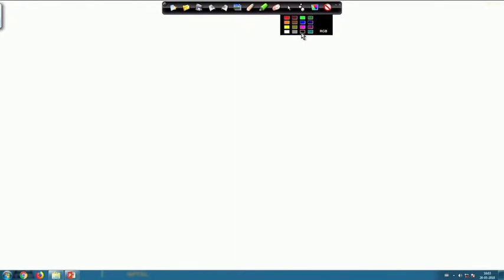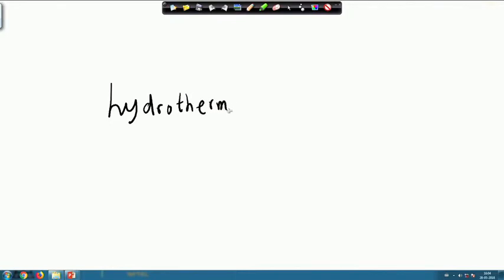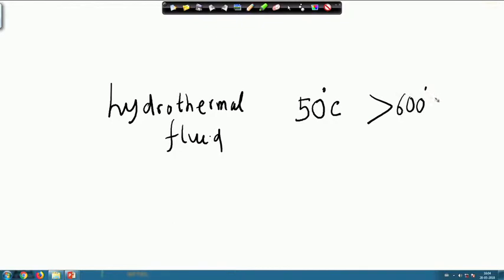and we know that the hydrothermal fluid temperature range could be anything from 50 degrees Celsius to greater than 500, even sometimes even greater than 600 degrees Celsius, as in some of the cases we will be considering.